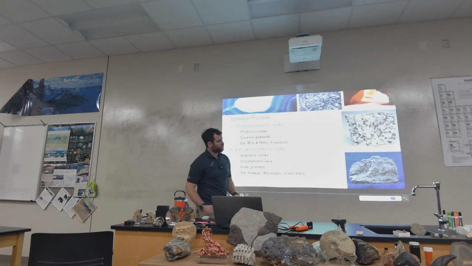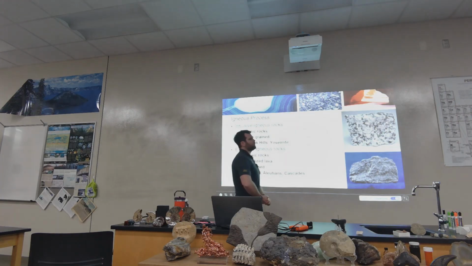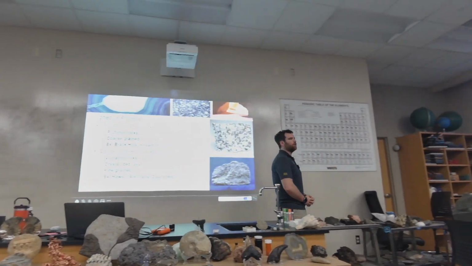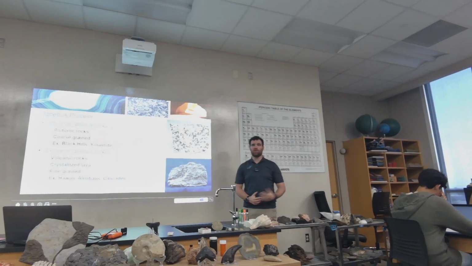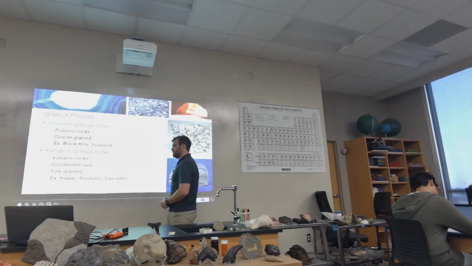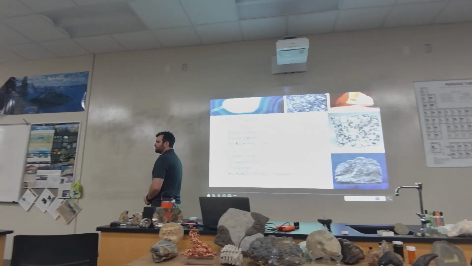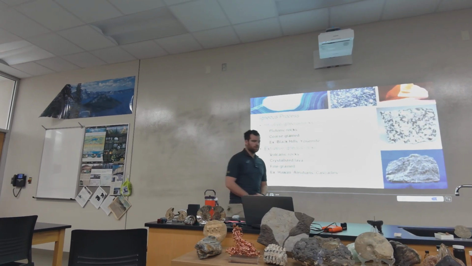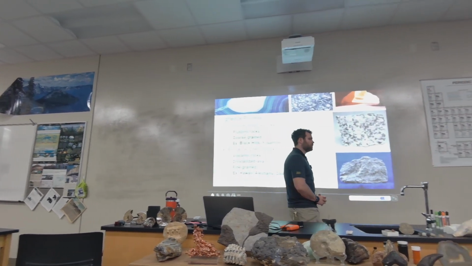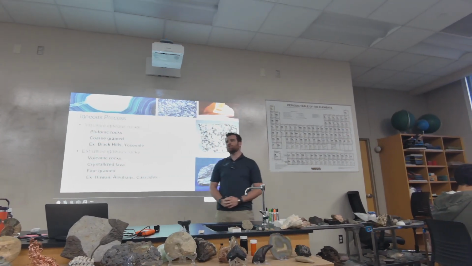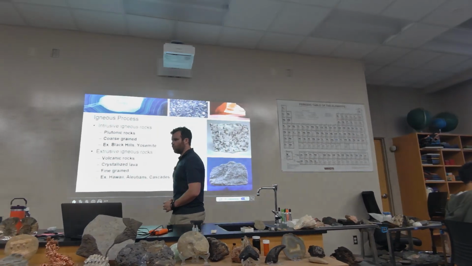Okay. So now I'm going to start telling you the different ways that we differentiate igneous rocks from each other, now that we have an idea for how they form, the cooling of magma and lava. Intrusive igneous rocks are those which cool below the surface.